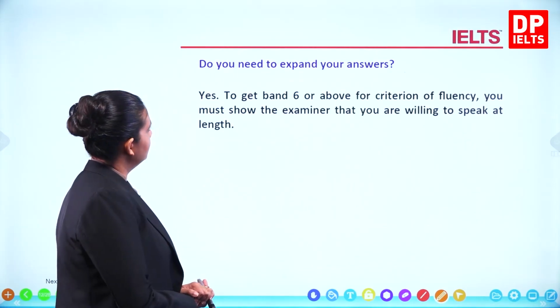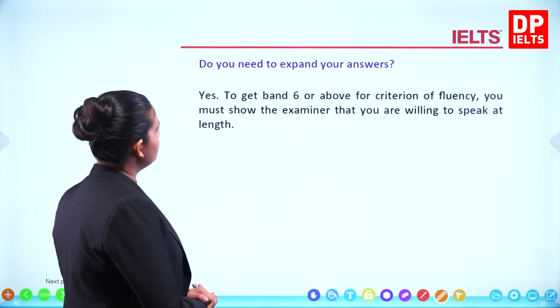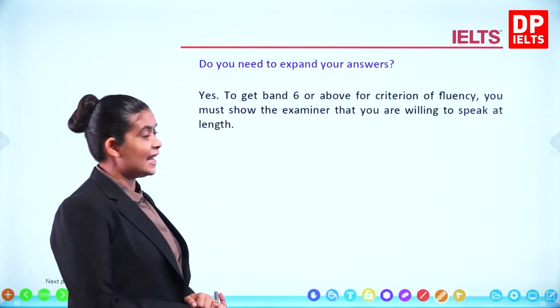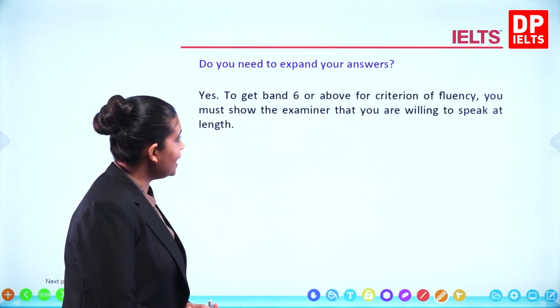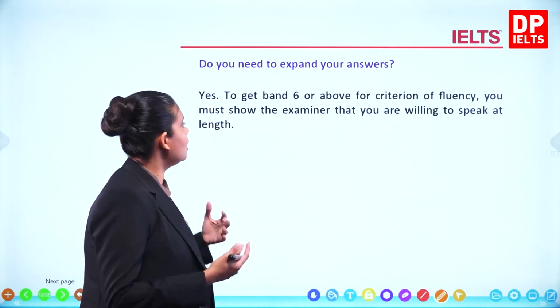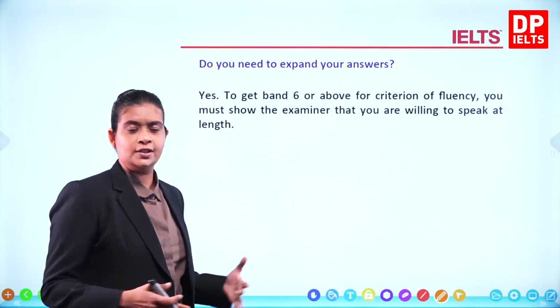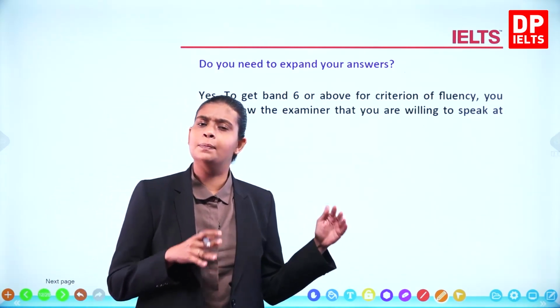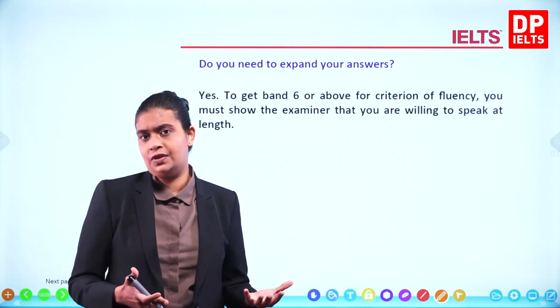Now moving on. Do you need to remember to expand your answers? Well, yes. To get a band 6 or above in terms of fluency, you must show the examiner that you're willing to speak at length, so you must expand. That's why I said part 1, you just say yes or no and give a reason.